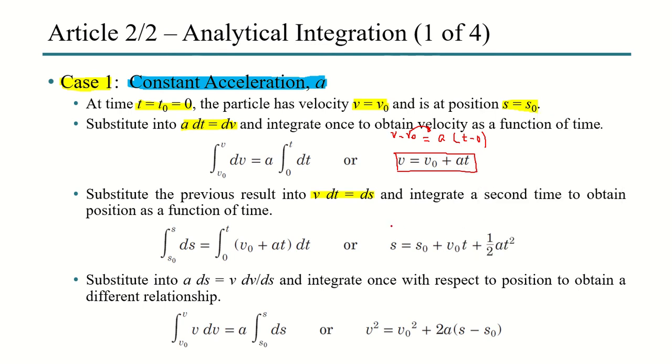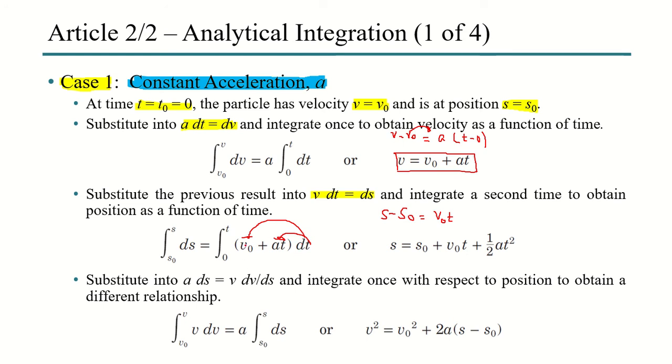So after the integration, we will get this: s minus s sub 0 equal to the integral of this. You distribute dt and also this integral sign, then multiply, and integrate individually. So we have v sub 0 times dt, then integrate.